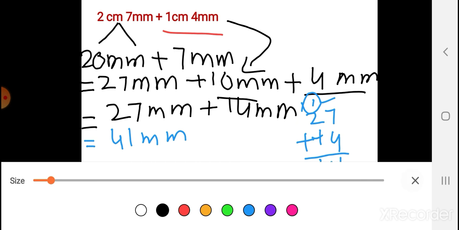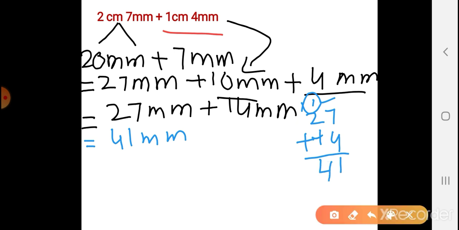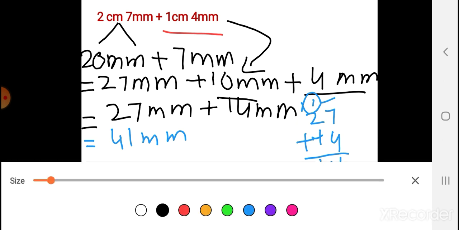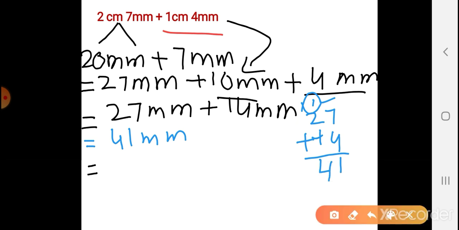So the next step is to convert millimeters back into centimeters. For this purpose, you know that 10 millimeters equals 1 centimeter.